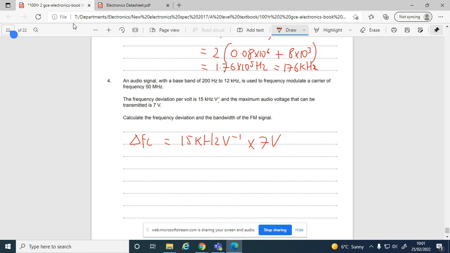Can you see that the volts would cancel? So you're left with just kilohertz. 15 times 7 is 105, and that's in kilohertz.